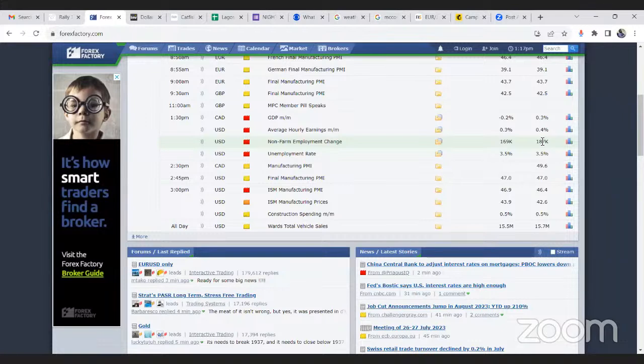But we are expecting a drop to about 169,000. That's what we're expecting. But what does that mean? If we're expecting a drop to 169,000, what does that mean?